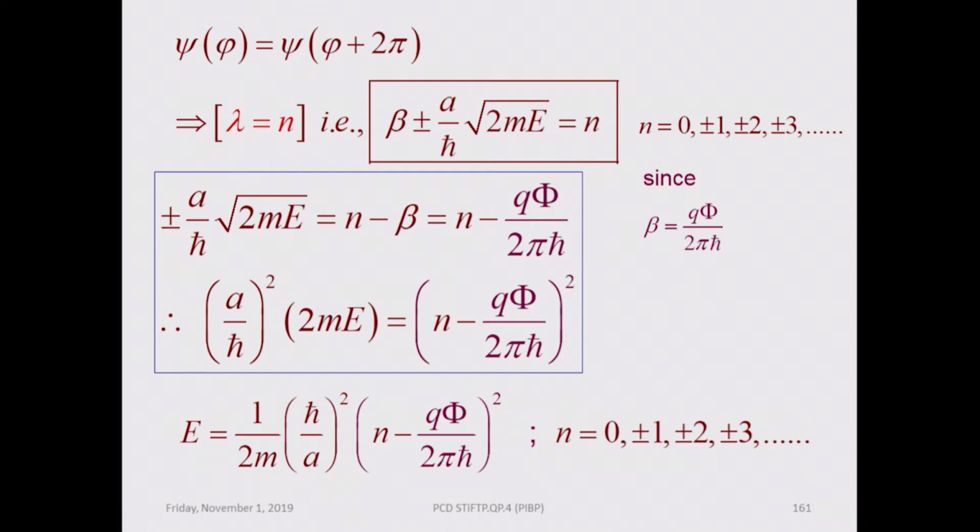The plus and minus signs would not matter. Okay, they would get washed out in the n square, but they do not get washed out because you have n minus q phi over 2 pi, over 2 pi h cross square. Okay, so you need the difference. In other words, the magnetic flux is removing the degeneracy that was there in the absence of the flux. Okay.